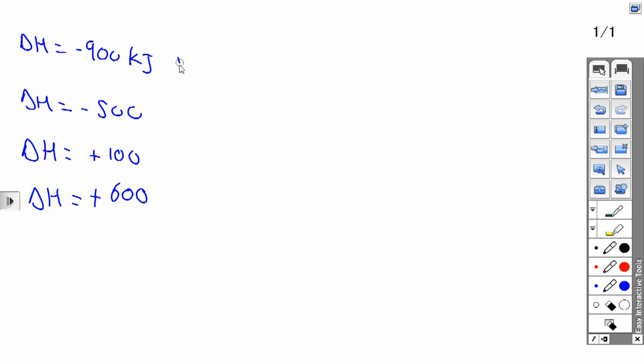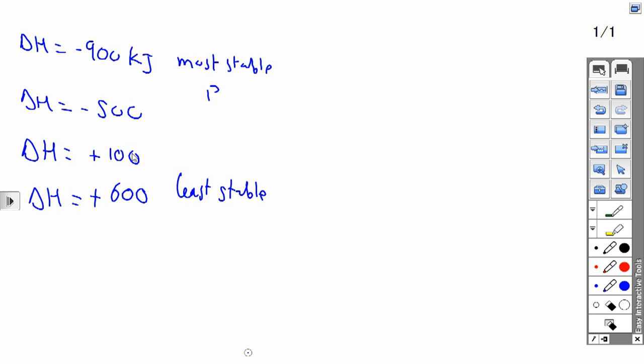So this one produces the most stable product. Which one produces the least stable product? The highest positive. And which one of them is more stable than the other? The negative value is always a more stable product than the positive value.